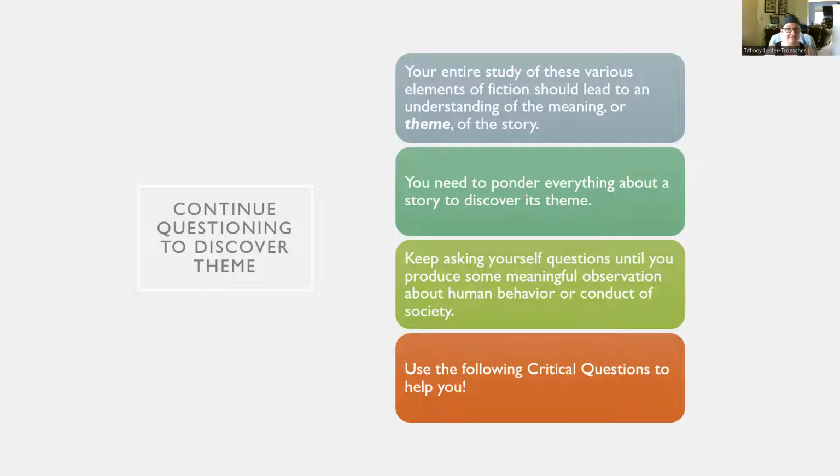But it is something that we are supposed to gain from reading the story. Because obviously it's fiction, we're not gaining anything in terms of the actual story that was told or the characters that were written. We're supposed to gain something from the whole picture, what we're supposed to walk away with. And you have to keep asking yourself questions along the way to get to that theme.